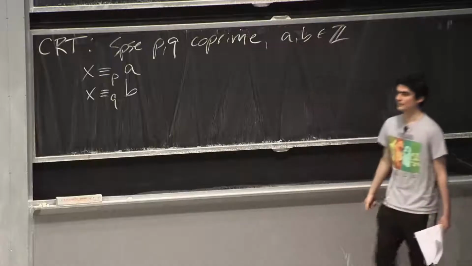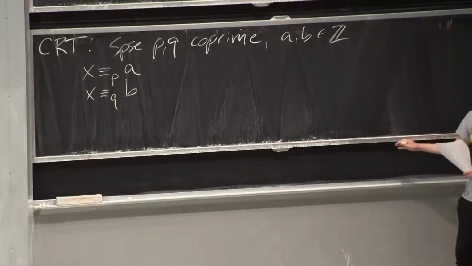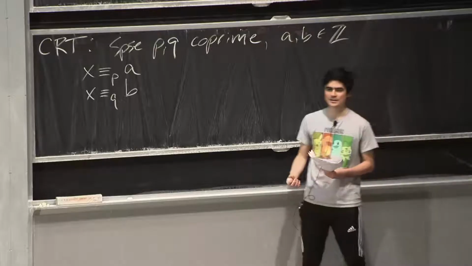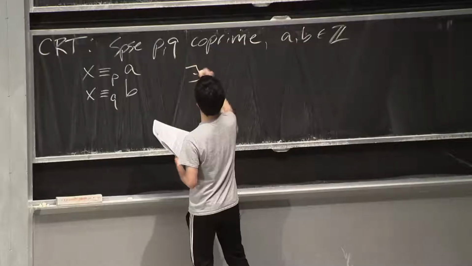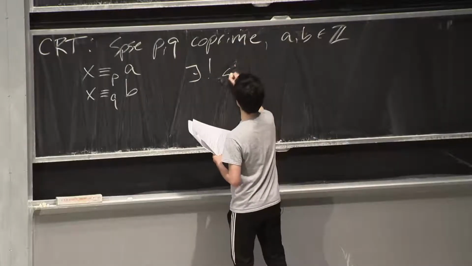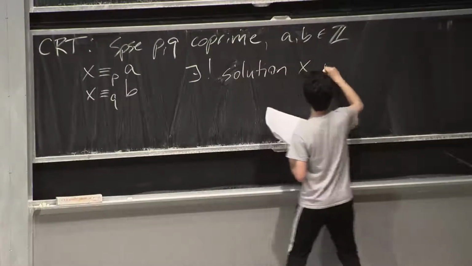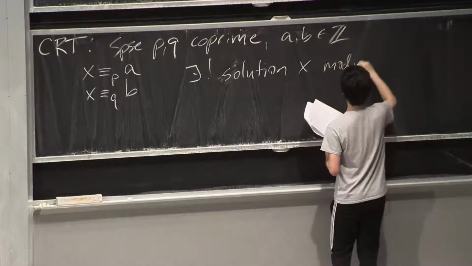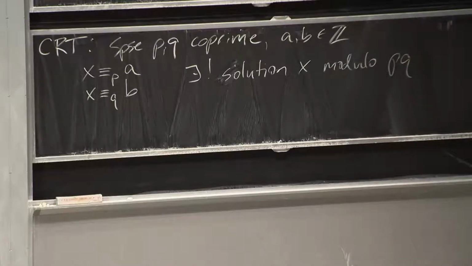So if we have this, then there is a unique solution. There's a unique x that satisfies this, modulo pq.